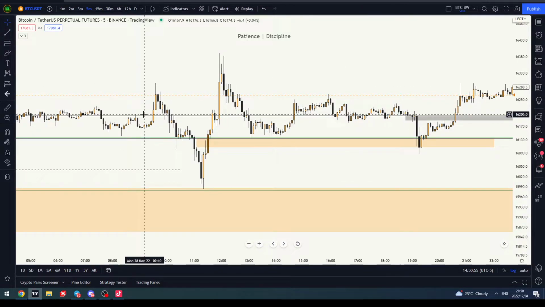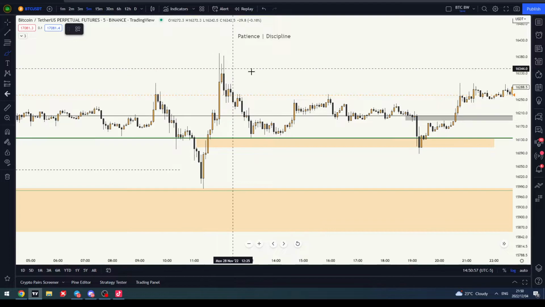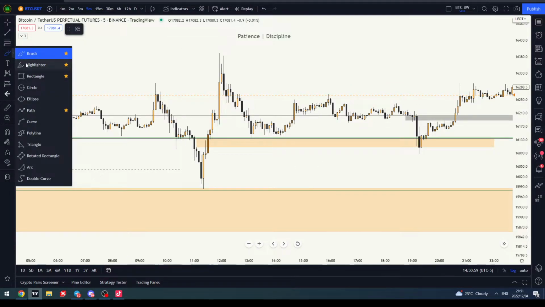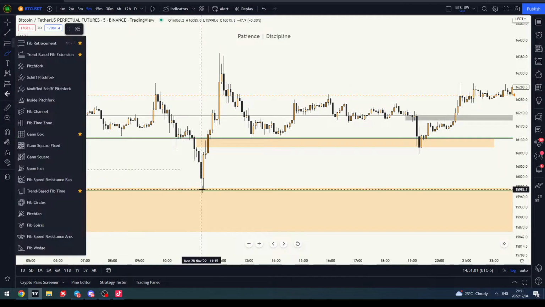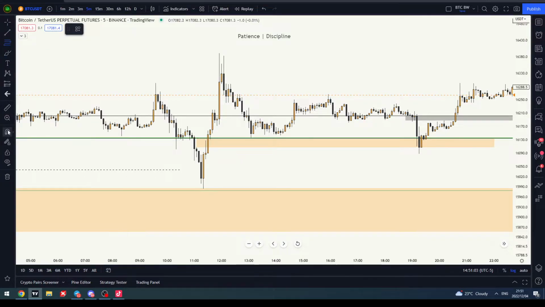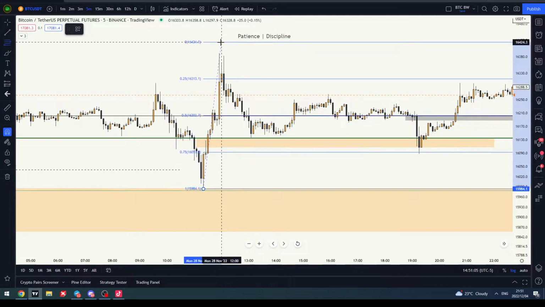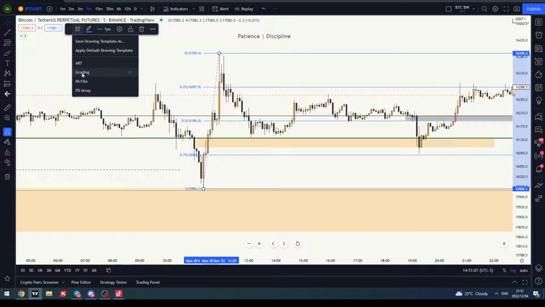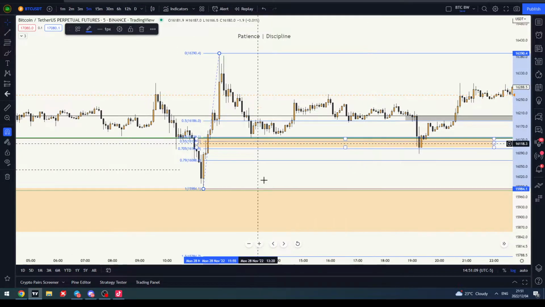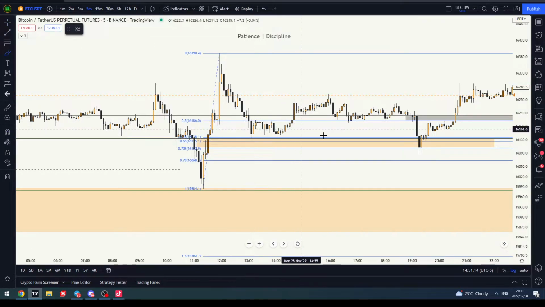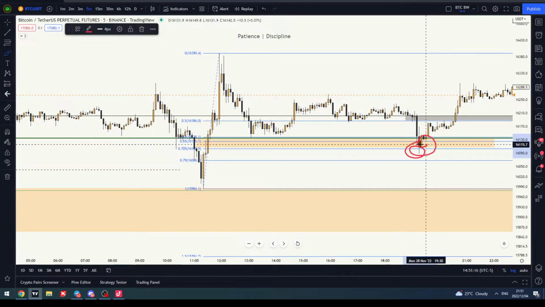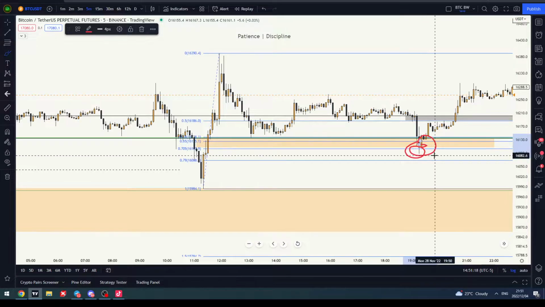If you were looking for alternate entries, then you could have waited for a retrace into a discount level to enter. So that's simple stuff. From the bottom to the top, let's look at the PA fibs, and then you'd look at optimal trade entries around your fair value gap, anything below the 50%, and we found it here, right, at the OTE and the fair value gap.